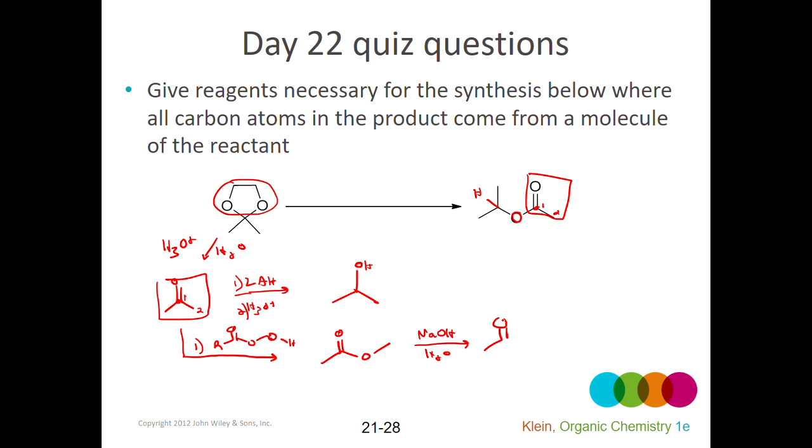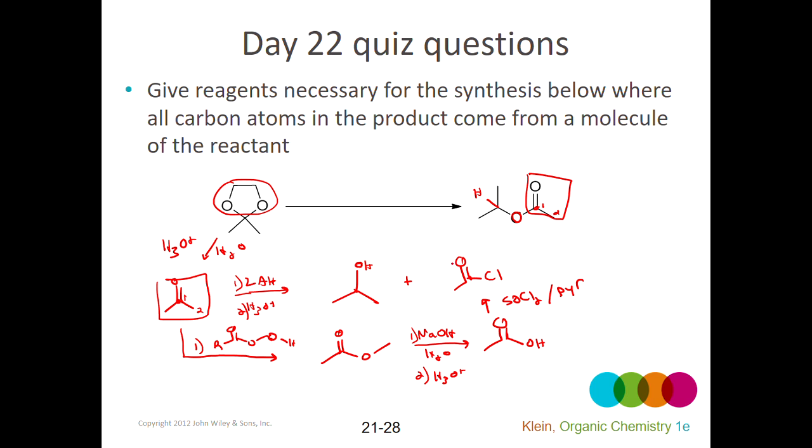That would break apart the ester to make carboxylic acid, assuming I add H3O plus in a second step to put that proton on there. Now that I have a carboxylic acid, I can use thionyl chloride and pyridine to make it into an acid chloride. And so that's the key.